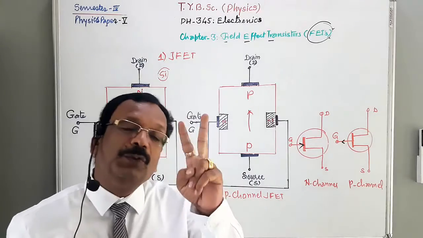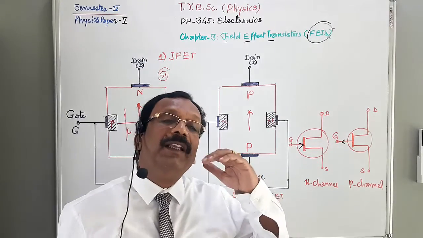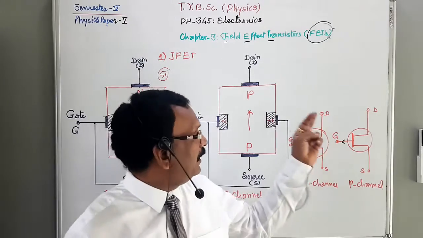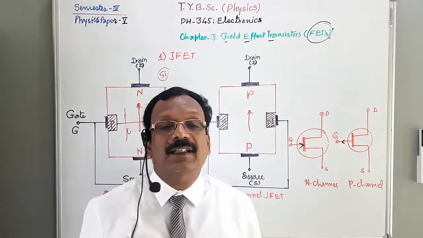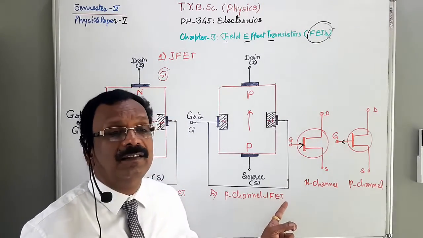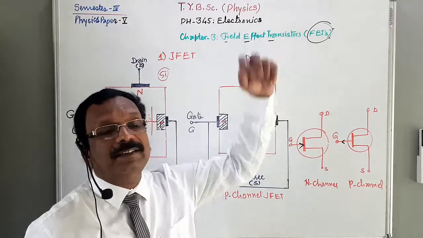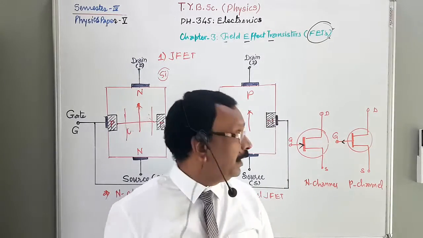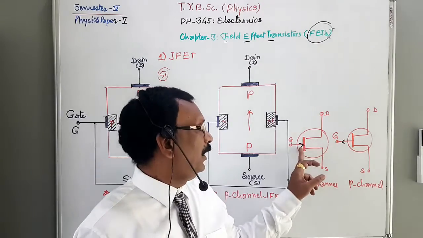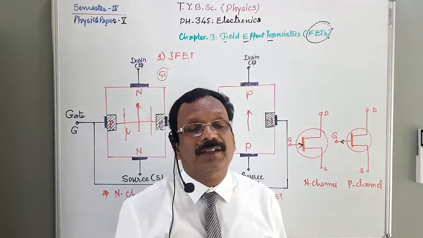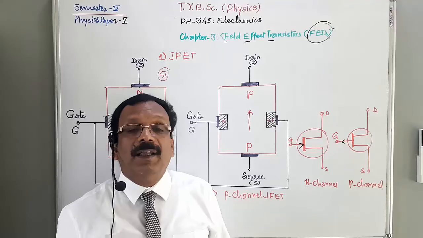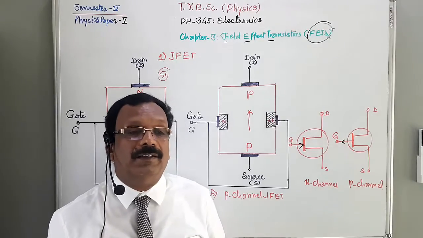Before this, you should remember that in many low frequency applications, the source and drain are interchangeable, because we can use either end as a source and the other end as a drain. But here, the direction of the arrowhead is very important. The direction of the arrowhead in the symbol of JFET must be carefully noted.